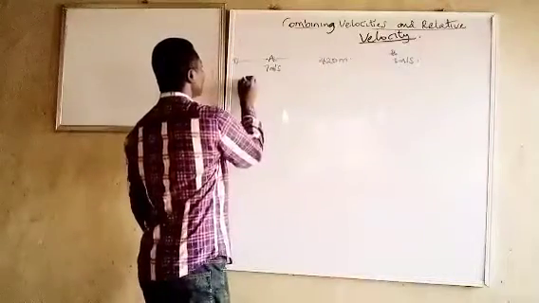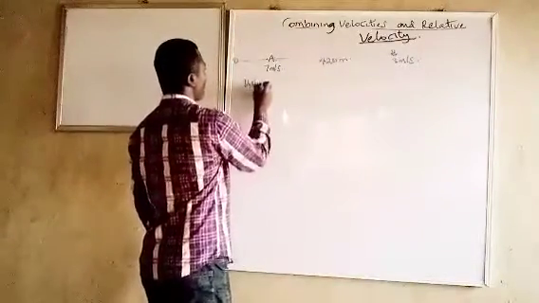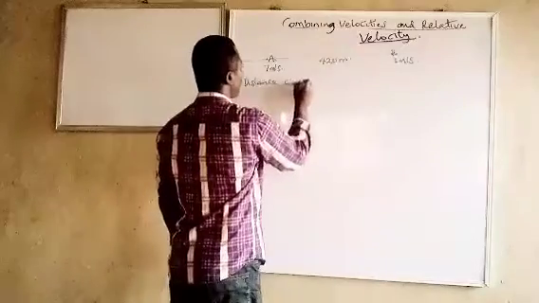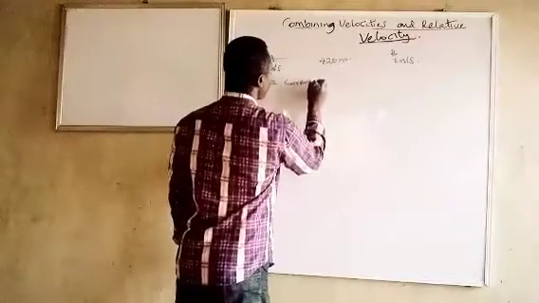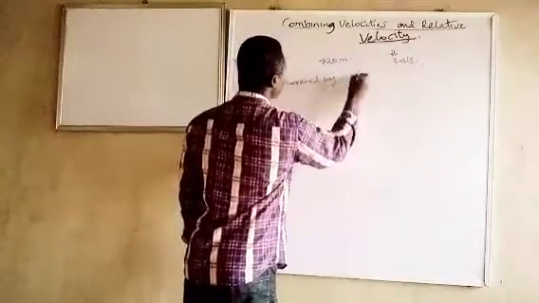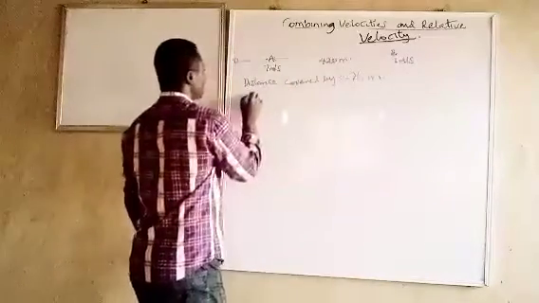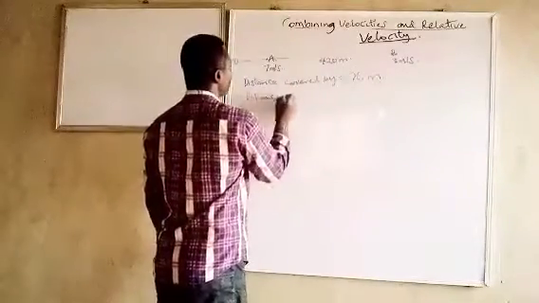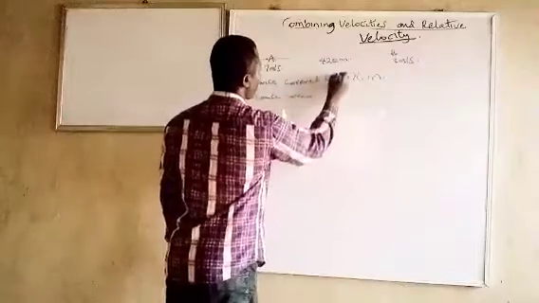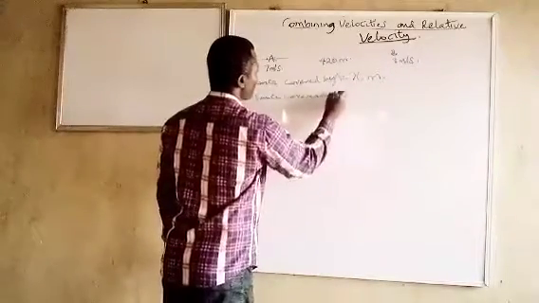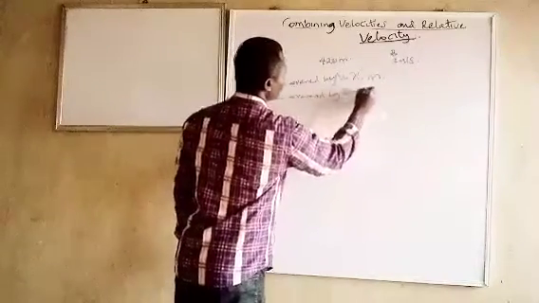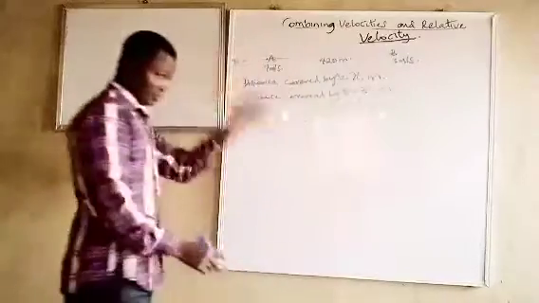The distance covered by A is equal to 7t meters. The distance covered by B is equal to 3t meters.